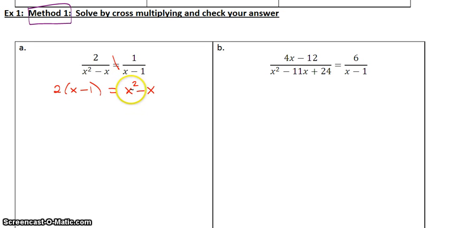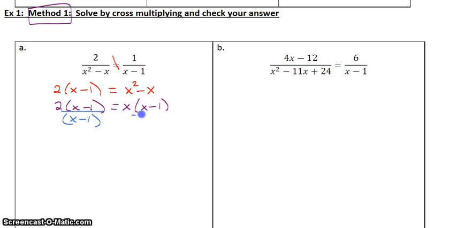If we actually factor the right side, so look at this, an x is in common, and the remainder is x minus 1. Now, that's going to make this a lot easier to solve because see how both sides have an x minus 1? And both of them are multiplied by whatever else I've got.